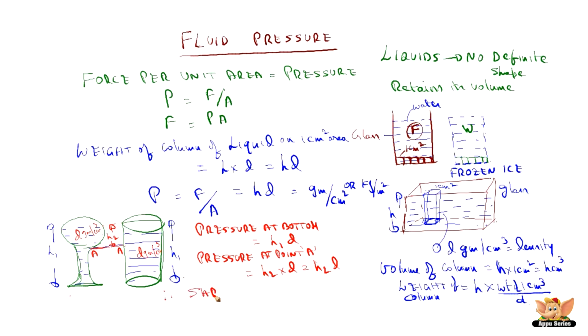So therefore we understand that the shape makes no difference. And also we understand that the pressure in vessels of different shapes is the same at equal depths of the liquid in them. So this is the equal depth H2, the pressure is the same H2D, and at a depth of H1 the pressure is H1D.